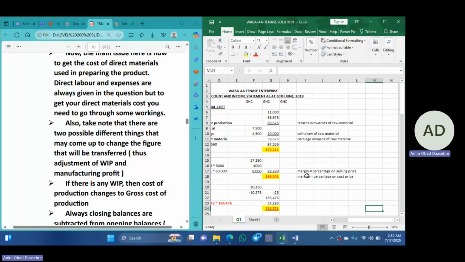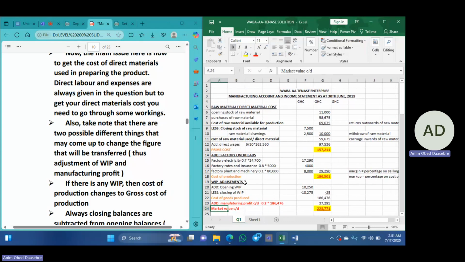So if the question gives you a markup of 20%, then to find your profit, that will be 20% times the production cost, the cost of production.